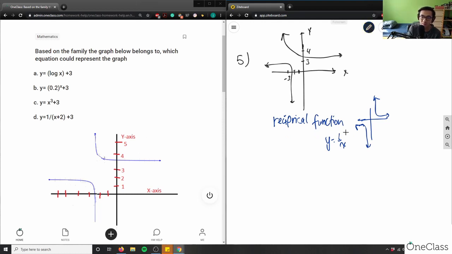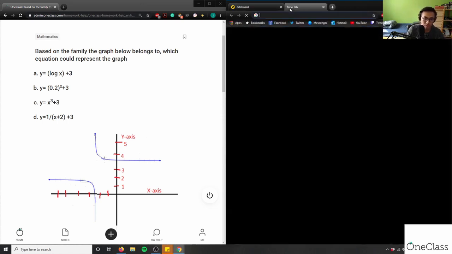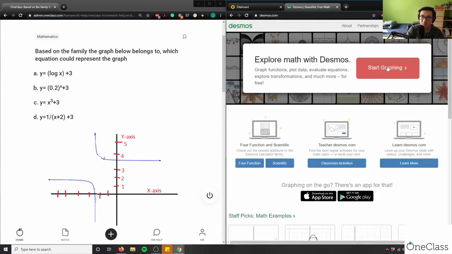So we have option A, which is y equals log x plus 3. If we graph log x plus 3, you're going to get a function that steadily increases over time. Let me show you what that means using Desmos.